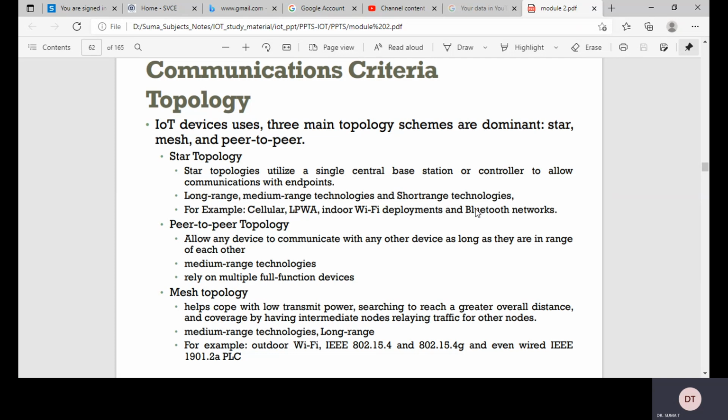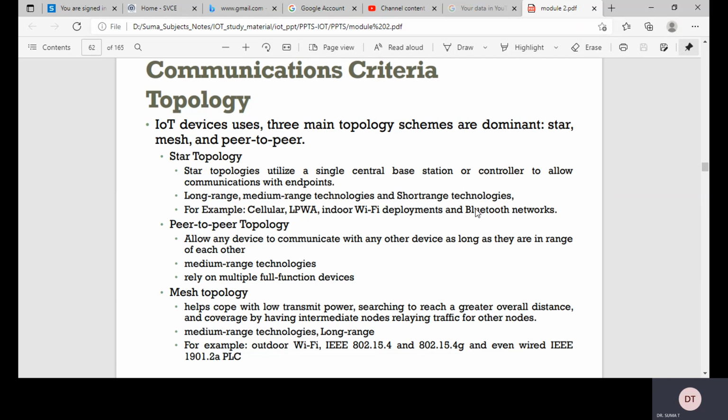For example, indoor Wi-Fi deployments are mostly a set of nodes forming a star topology around their access points, APs. Meanwhile, outdoor Wi-Fi may consist of a mesh topology for the backbone of APs with the nodes connecting to the APs in a star topology.